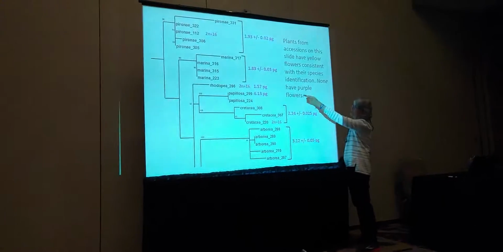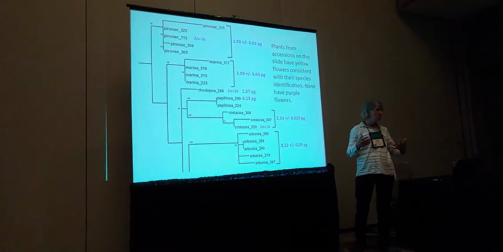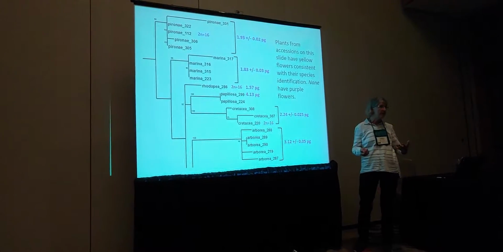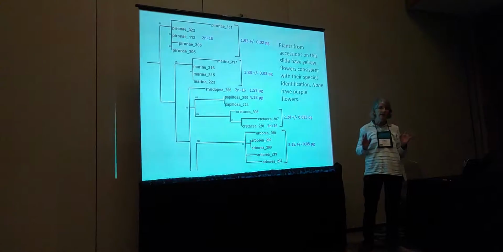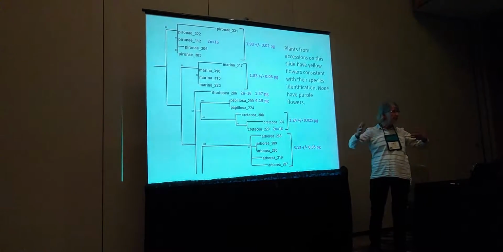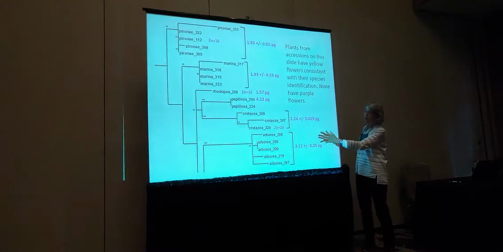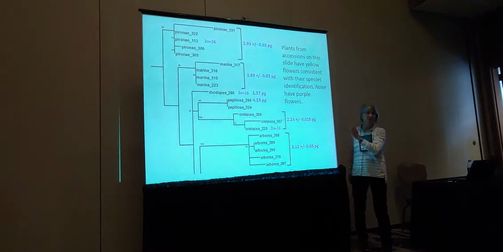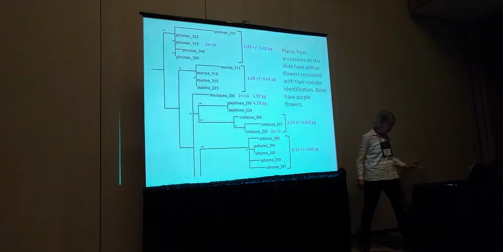Notice the relatively small standard deviations for these accessions. We'll show you another example where that's not the case, but almost all the time the genome size within a species is quite consistent, even over relatively wide geographic ranges. Okay, all of these have yellow flowers. Which is consistent with what they should have, no problem.